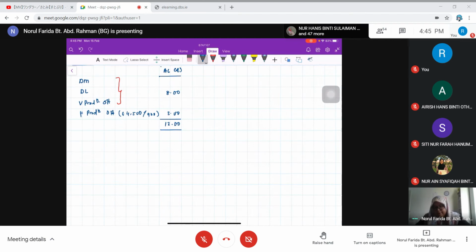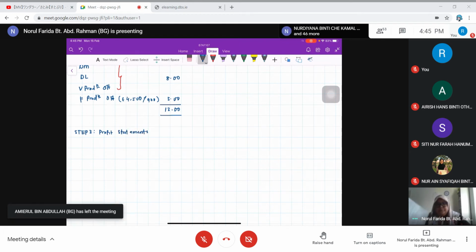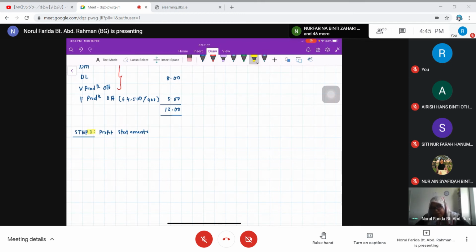Okay. And then only dia kata step 3 is to do profit statement. That is your income statement. Alright. Profit statement or your income statement. So this is where you are going to do your income statement for your absorption.